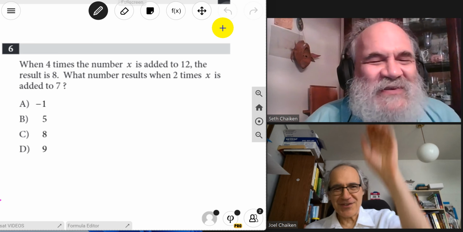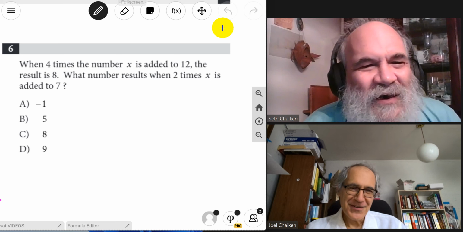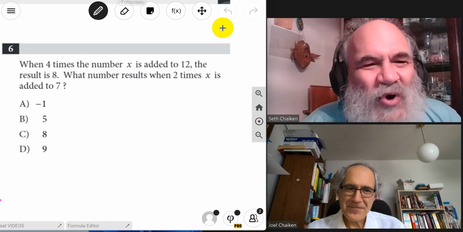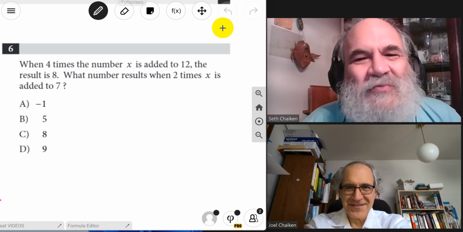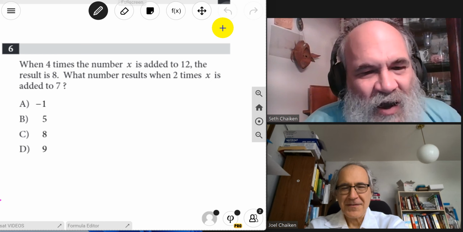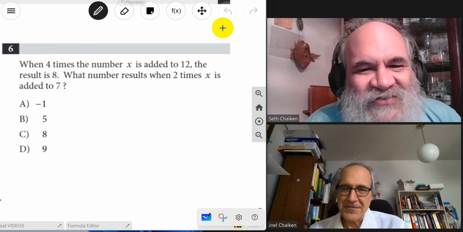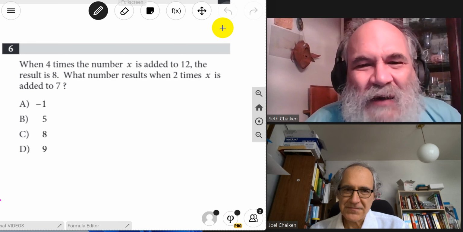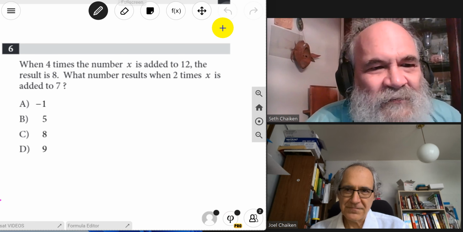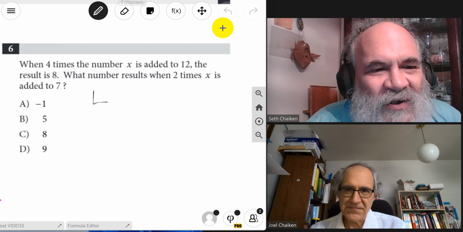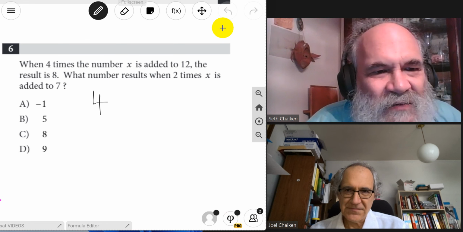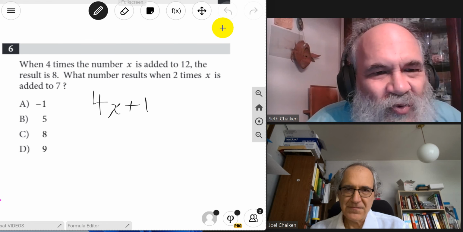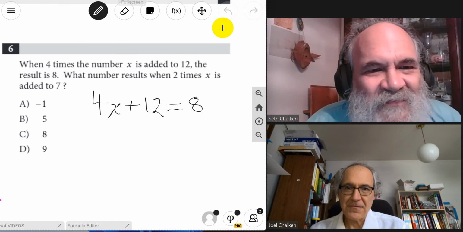So why don't you start with this one? All right, here we go. This is not a word problem. It's an algebra problem. You translate what the words say into algebra, and then use algebra to solve the problem. So the words say, when 4 times a number x is added to 12, the result is 8.